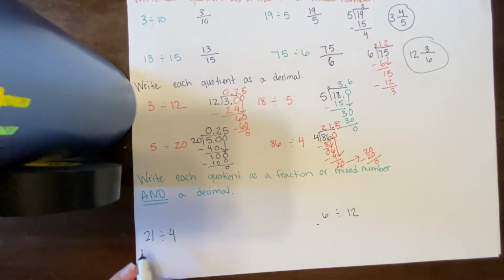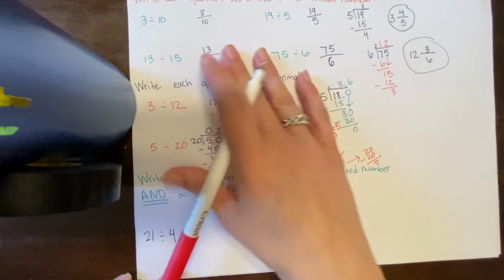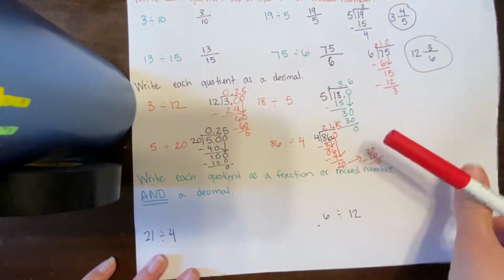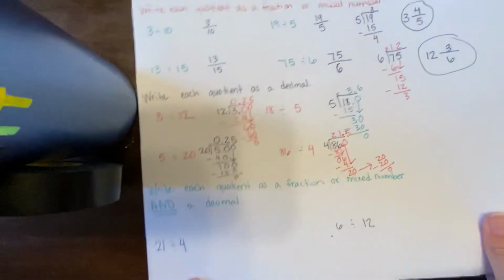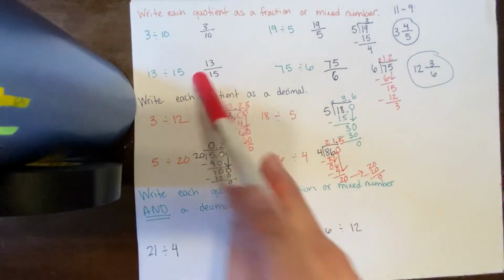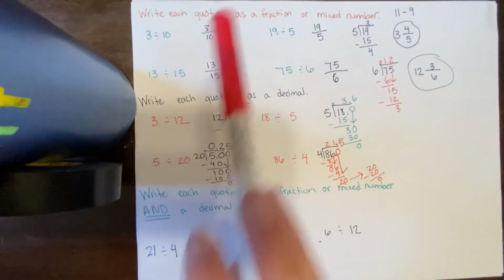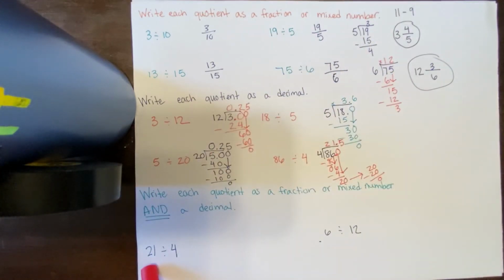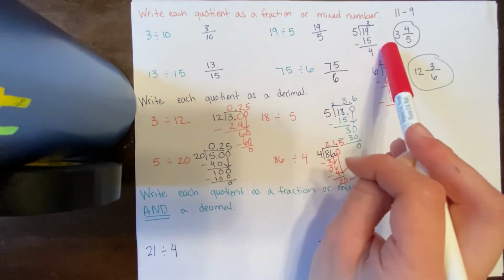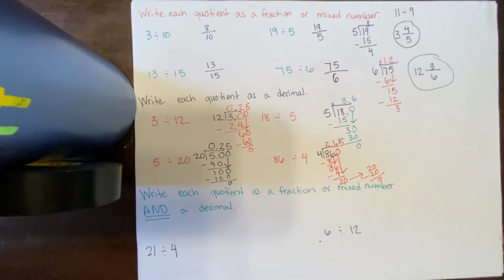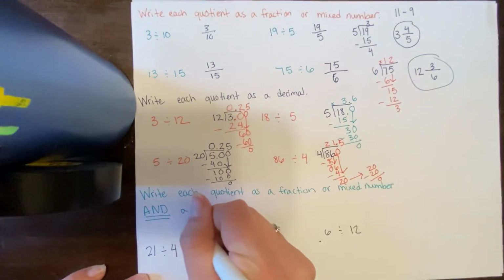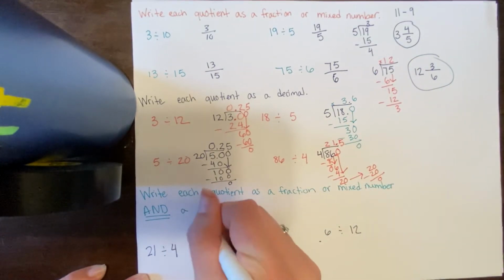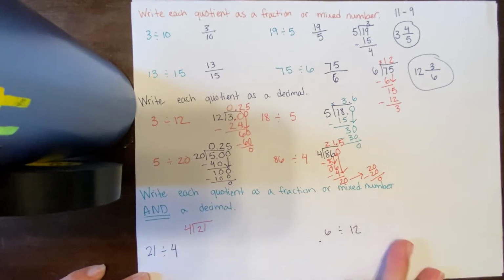So 21 divided by 4, the exact same thing, and they can refer back up here if they need to, to see how to write this as a fraction or a mixed number. Since my bigger number is first, it's going to be a mixed number. So I'm going to do 21 divided by 4.